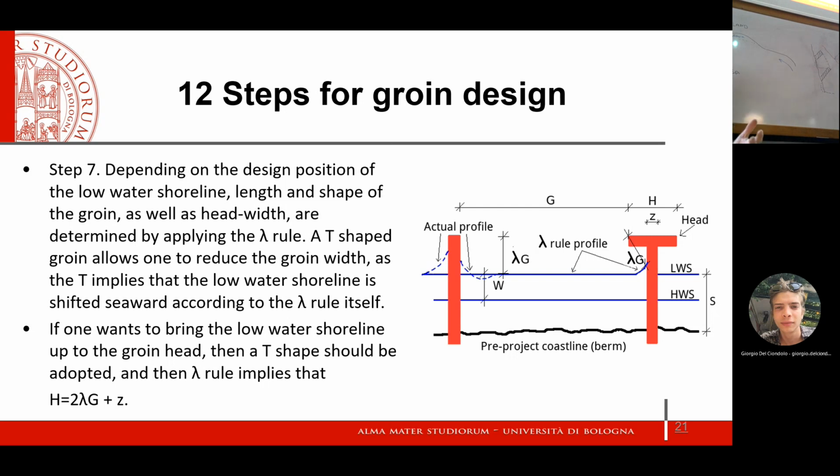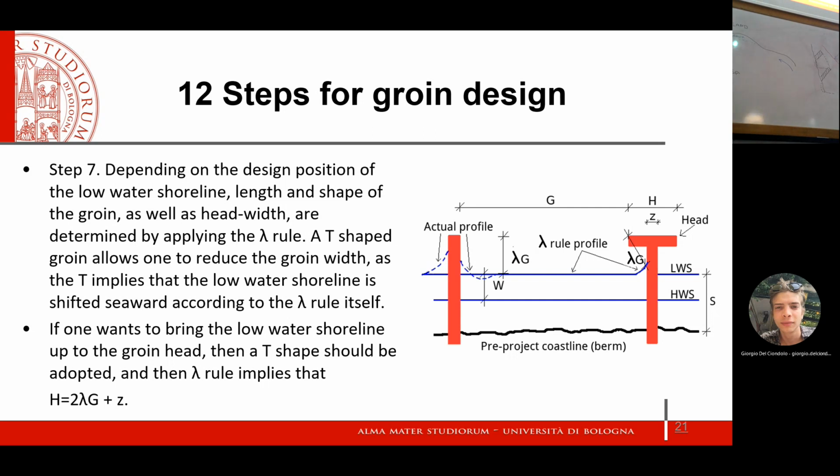It may not be possible: if the sea bottom is very gentle in terms of slope, you can go far with the groin. But if the slope of the sea bottom is significant, you can't go far into the sea, and therefore the groin needs to be shorter, and then you may use the T in order to maximize the effect.